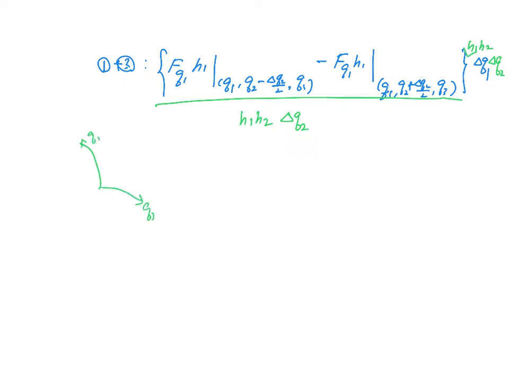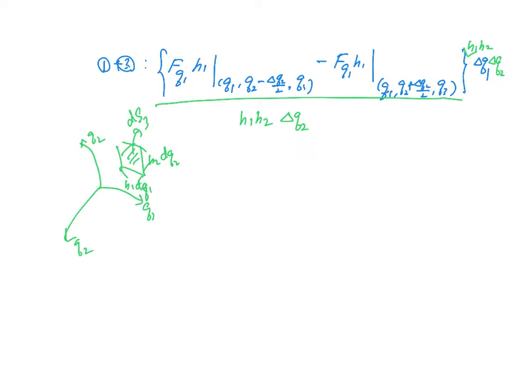So this is h1 dq1, h2 dq2. This is actually an area, right? So this is the area normal to the q3 axis. Let's call this area ds3.